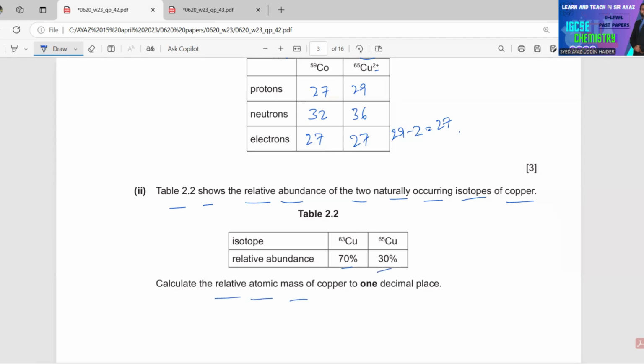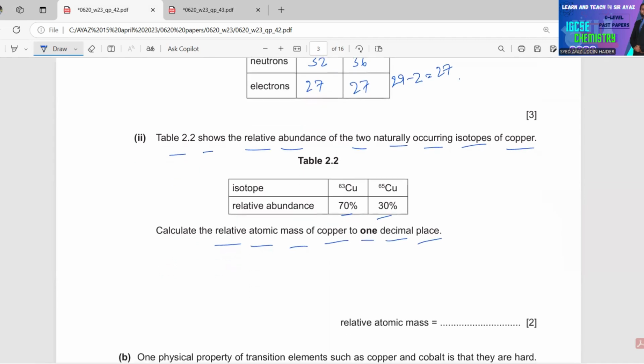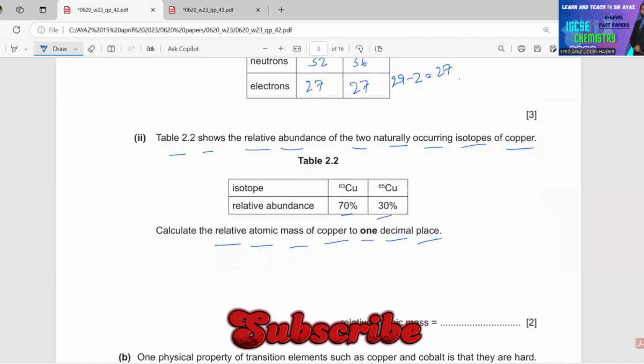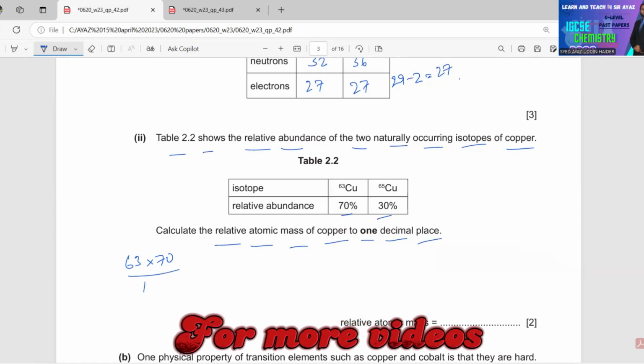Calculate the relative atomic mass of copper to 1 decimal place. You simply have to multiply the nucleon number of these isotopes with their relative abundance, which is provided in percentage. So 63 multiplied by 70 and divided by 100, plus 65 multiplied by 30 and divided by 100.